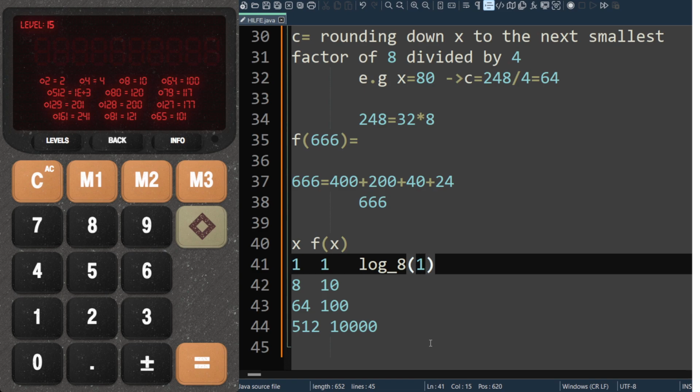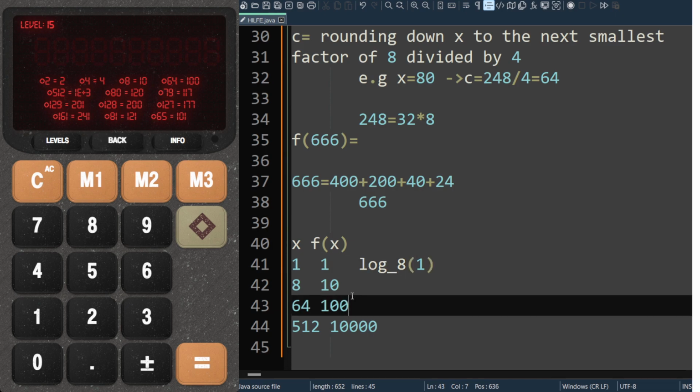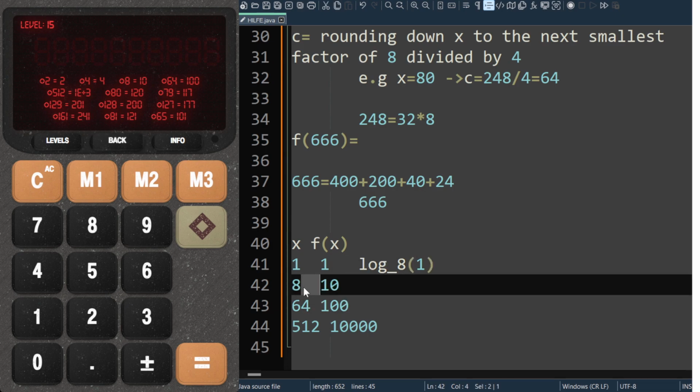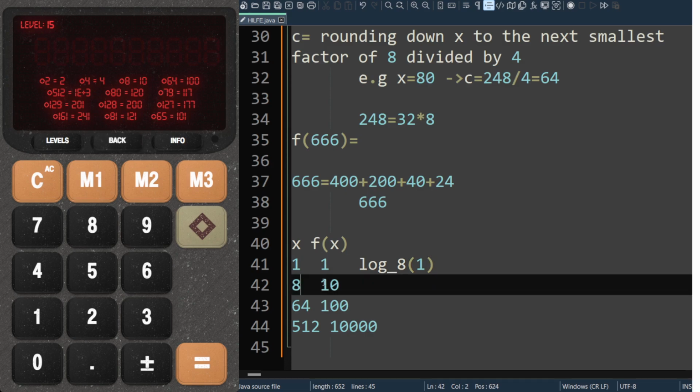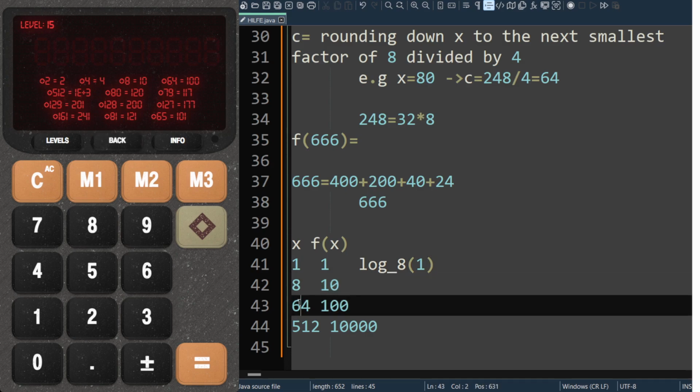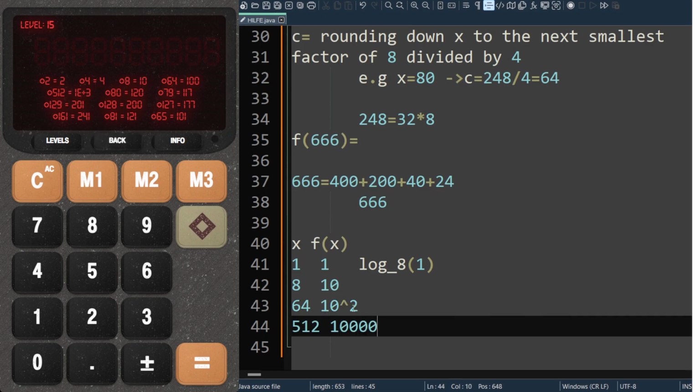No, that's wrong. Oh, is it? Yeah, it's wrong. Maybe, wait. So this one is... I'm a little confused right now. This is 8, this is 10, this is... If you haven't noticed yet, this is 10 square, and this was supposed to be 100, is 10 cube.